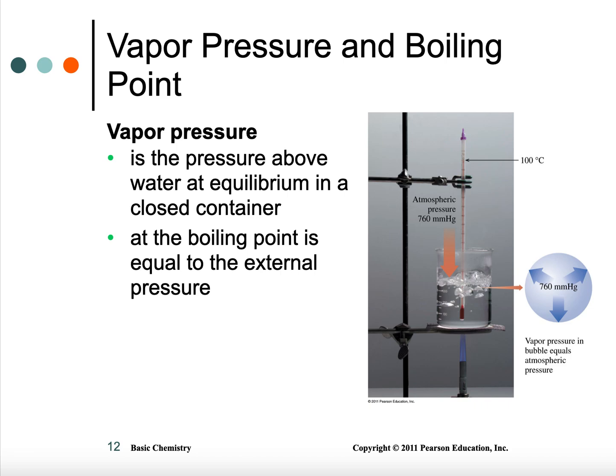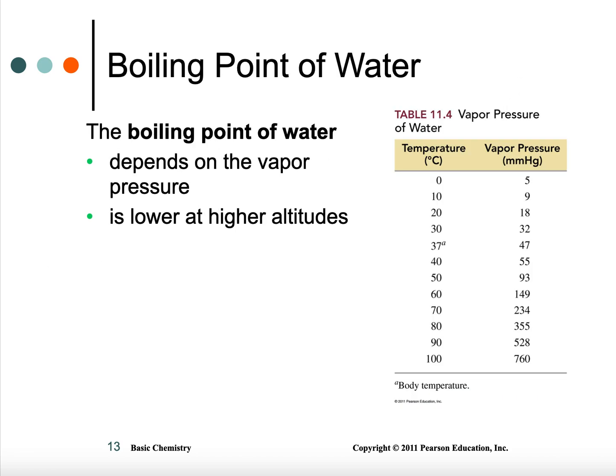So you would end up with little bubbles in your water, even though it's not 100 degrees, which is pretty cool, I think. You can see the bubbles. That's the gas that has escaped, and those bubbles are bursting, and that water vapor goes into the atmosphere.